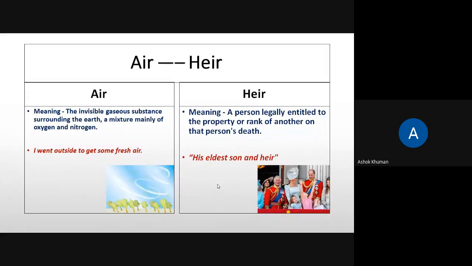So you have, yes, air. You can see this very famous and popular king. One air means the invisible gaseous substance surrounding the earth, a mixture mainly of oxygen and nitrogen.